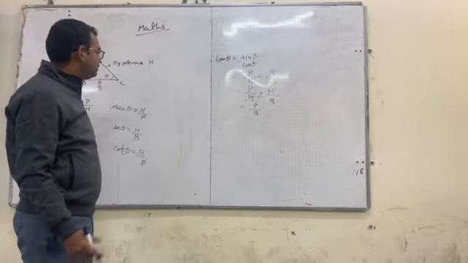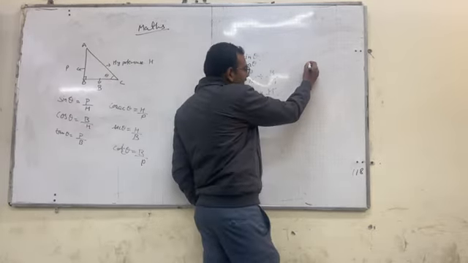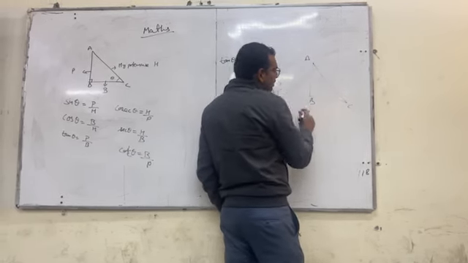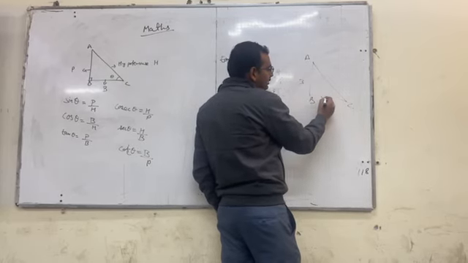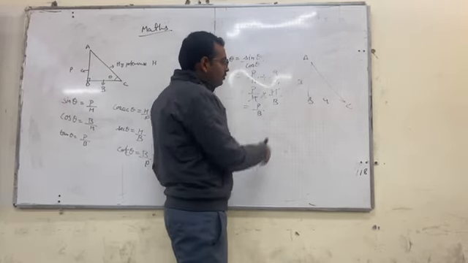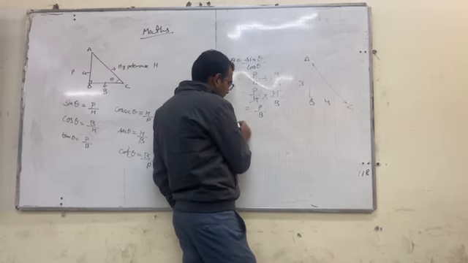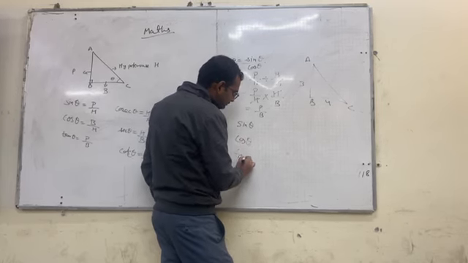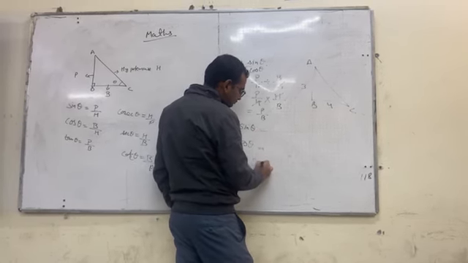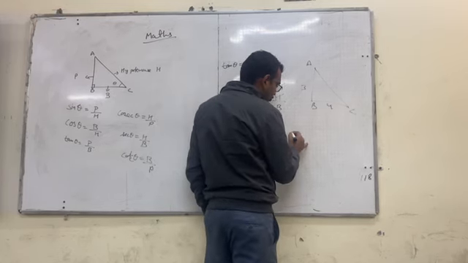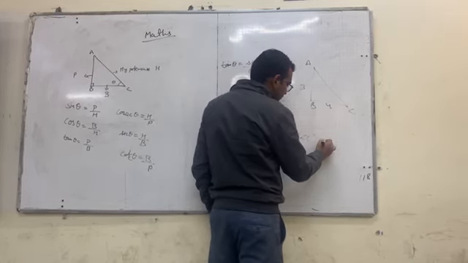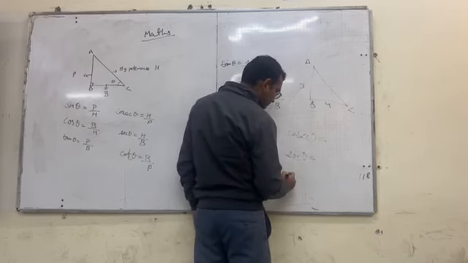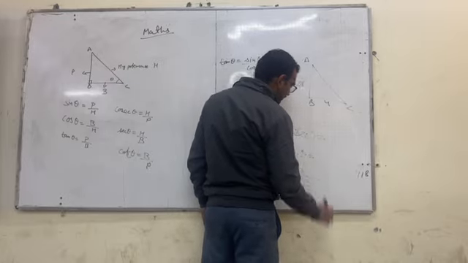Let's do some other questions. If in a right angle triangle ABC, AB is equal to 3 and BC equal to 4, we'll find the value of all the trigonometric ratios, means sin theta, cos theta, tan theta, sec theta, cosec theta, and cot theta.